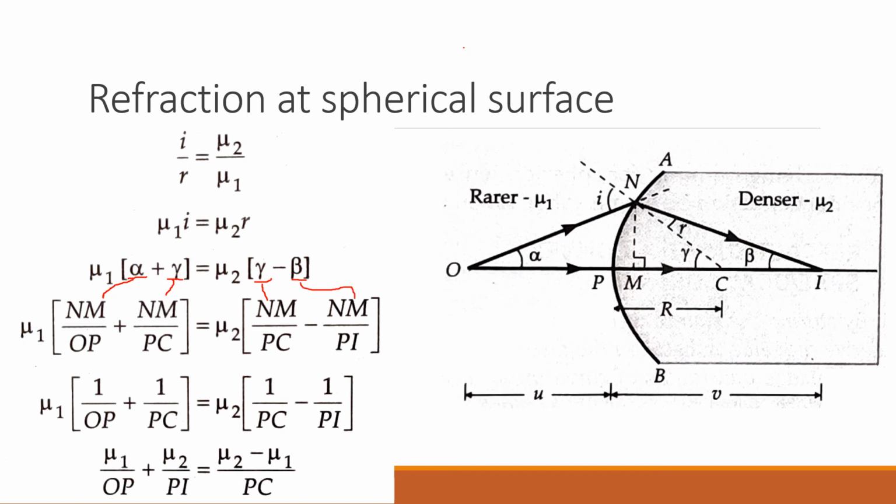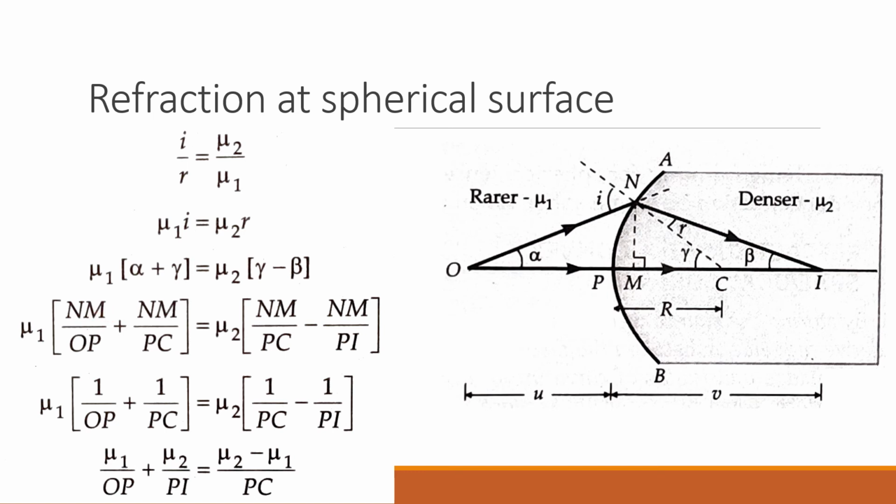Fine. So we will substitute our assumptions. Therefore, I can write mu1 times (Nm by OP plus Nm by PC) equals mu2 times (Nm by PC minus Nm by Pi).